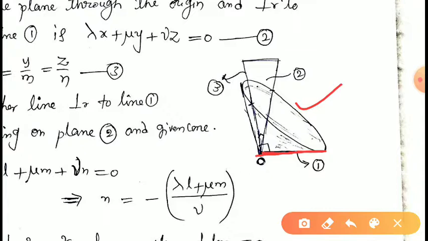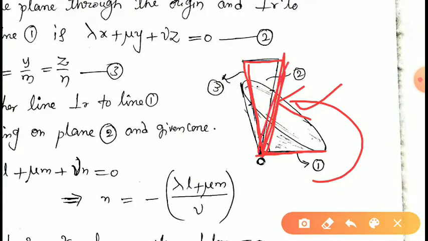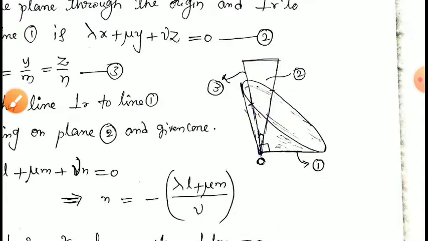First of all, we find the equation of a plane which is perpendicular to the line, the generator 1, and also intersecting the cone in two different lines.